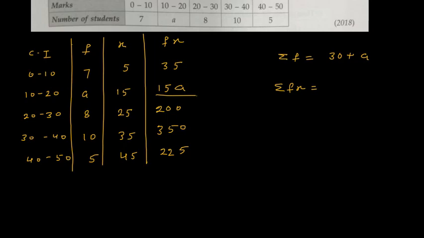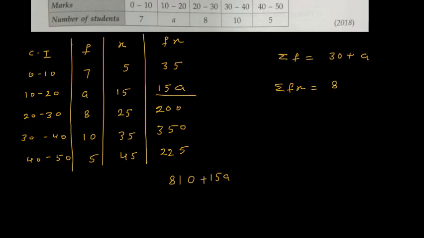Now summation of fx: 5 plus 5 is 10, then 3 plus 1 is 4, 4 plus 5 is 9, 9 plus 2 is 11, then 1 plus 1 is 2, 2 plus 3 is 5, 5 plus 2 is 7.